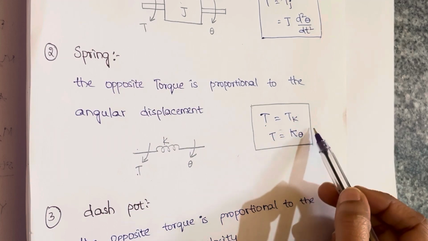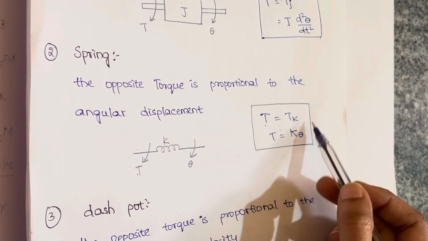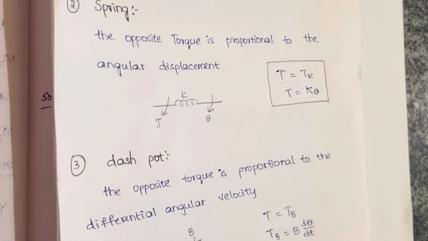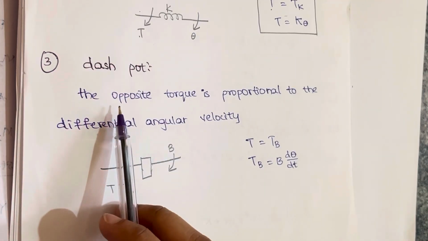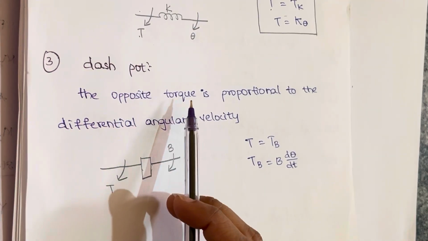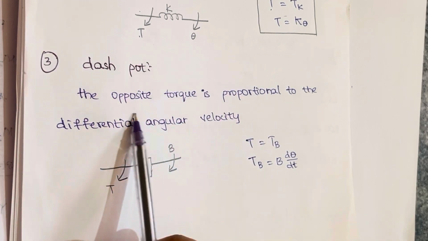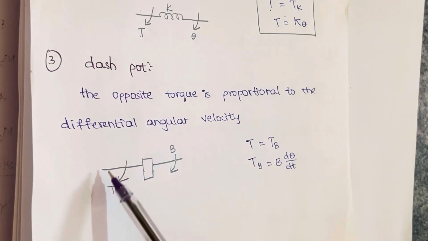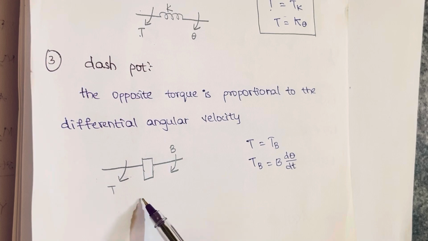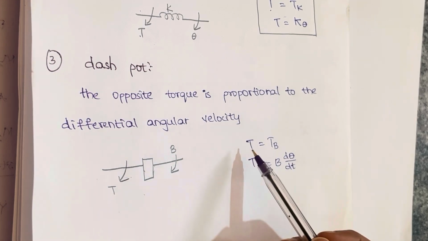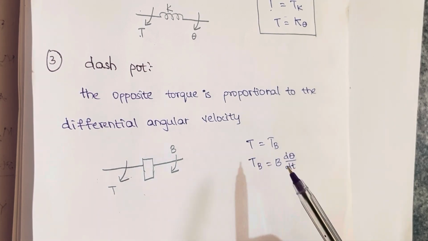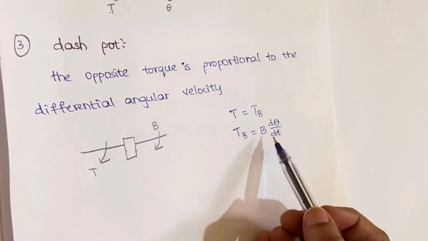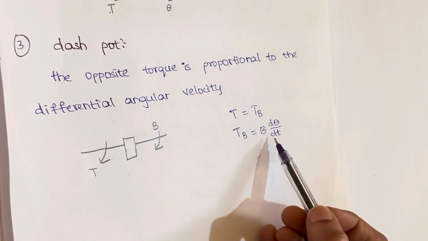In terms of differential equation, T equals K theta. And the third term is dashpot, where the opposing torque is proportional to the differential angular velocity. This is the diagrammatic representation of the dashpot, where the equation is T equals Tb, where Tb is B into d theta by dt.